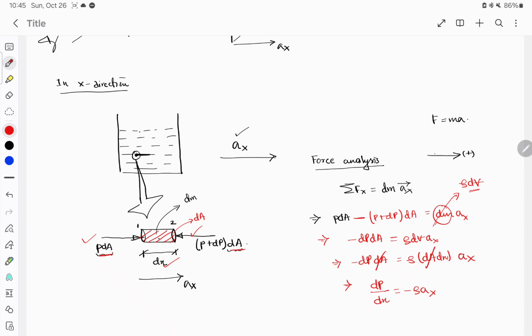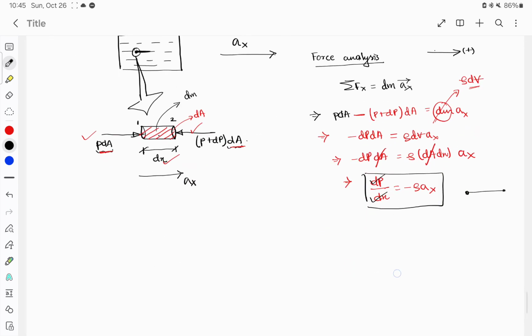Means the pressure, what does it mean? It means that the pressure in the x direction for a small change from point 1 to point 2 will decrease. They are saying it will decrease.